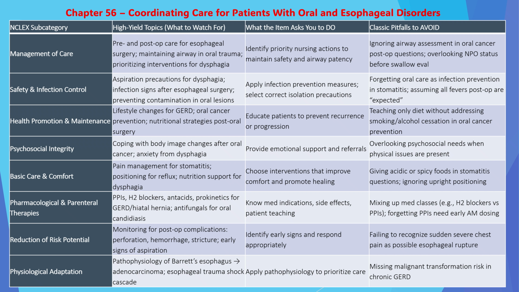Let's go to basic care and comfort: pain management for stomatitis, positioning for reflux, nutrition support for dysphagia. What they might ask you is to choose interventions that promote comfort and healing. The pitfalls are giving acidic or spicy food in stomatitis, ignoring upright positioning while eating, and what else?